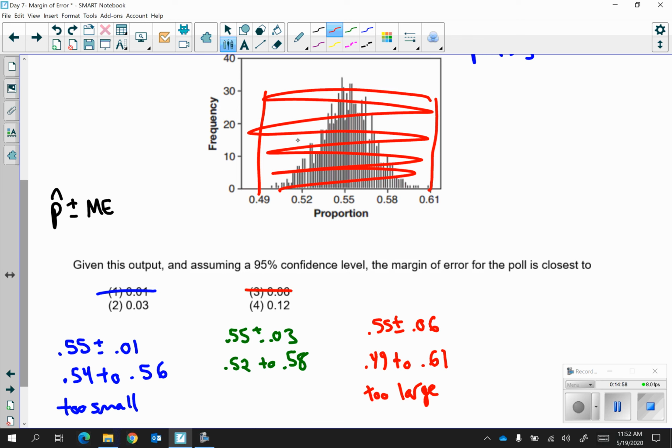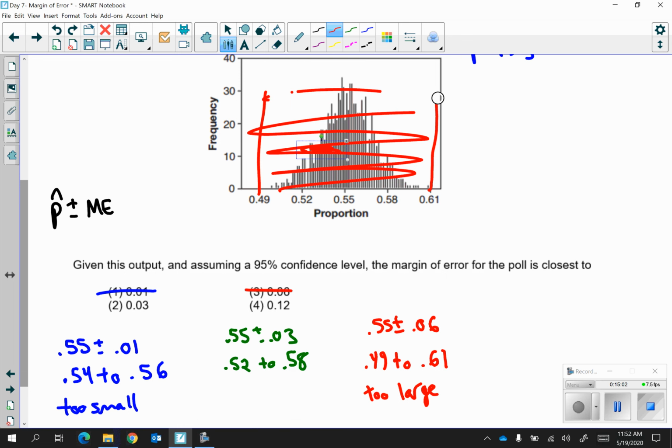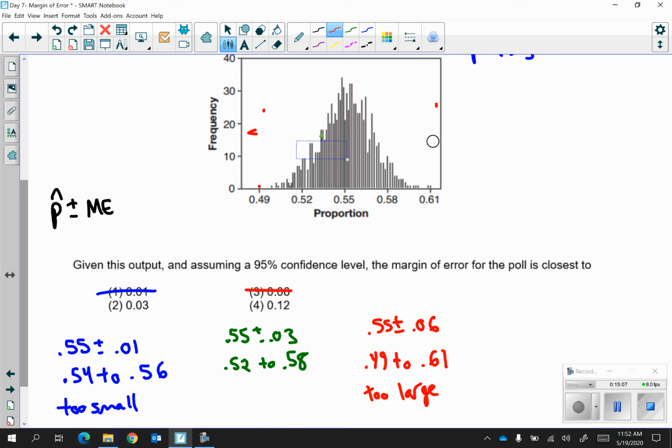And then you're going to try the very last one too. Now, the very last one is a number even larger than that. So if you were thinking things through, you can say, well, if 0.06 was too large, then 0.12 is definitely going to be too large. But let's see what actually happens if you do it out. That's going to bring you to 0.43 to 0.67.